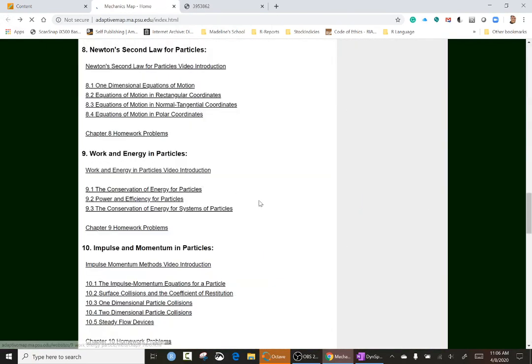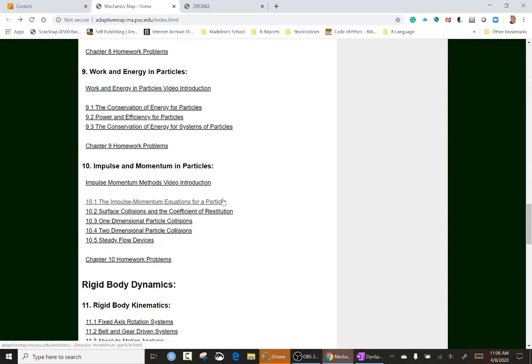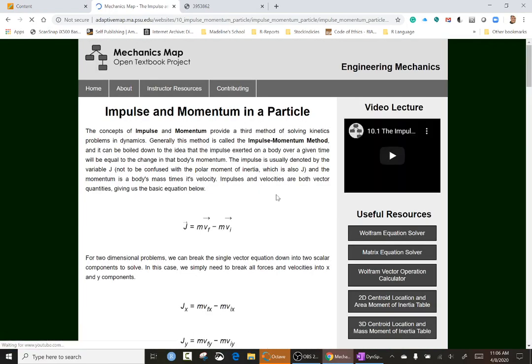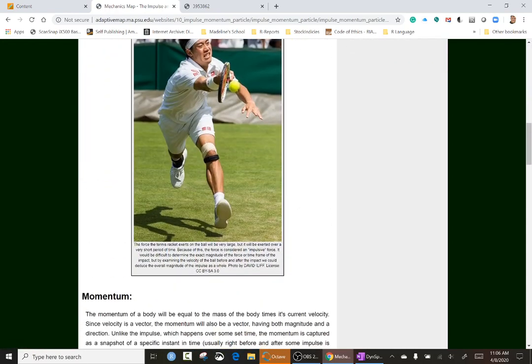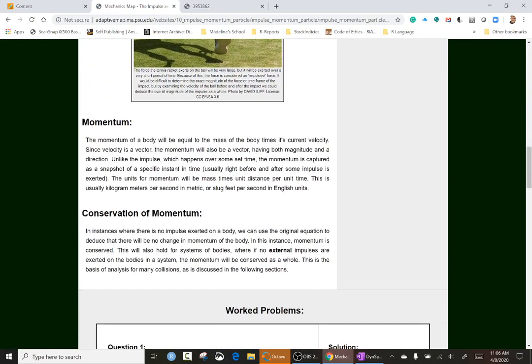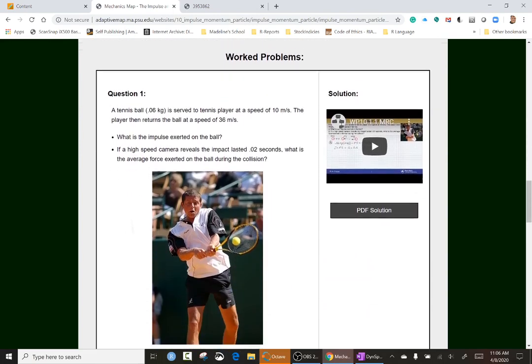Another part is impulse. So he's got impulse for a particle. So I would say read all of that and watch the videos.